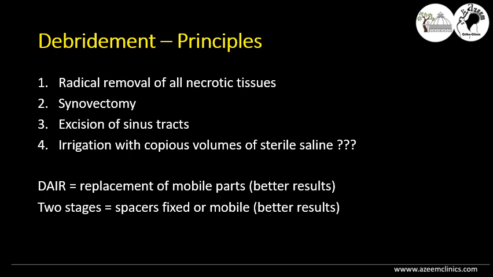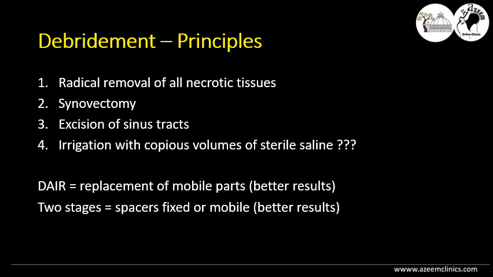Other solutions may be lethal to the healthy tissues as well as the necrotic tissue, so rely more on sterile saline. In the DAIR procedure, you have to remove and replace the mobile parts. On the two-stage revision, it's debatable whether to use fixed or mobile spacers.